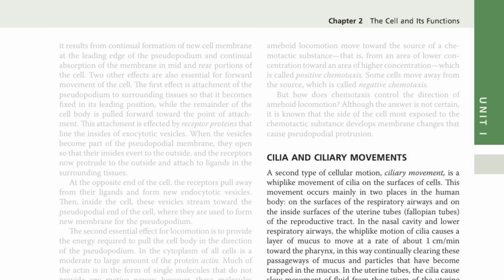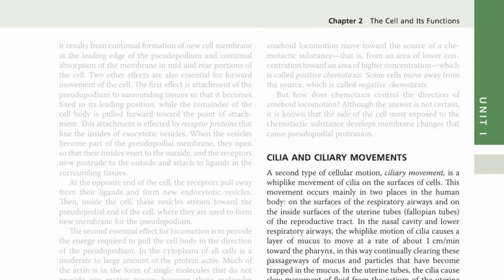Cilia and ciliary movements. A second type of cellular motion, ciliary movement, is a whip-like movement of cilia on the surfaces of cells. This movement occurs mainly in two places in the human body: on the surfaces of the respiratory airways and on the inside surfaces of the uterine tubes, fallopian tubes, of the reproductive tract.